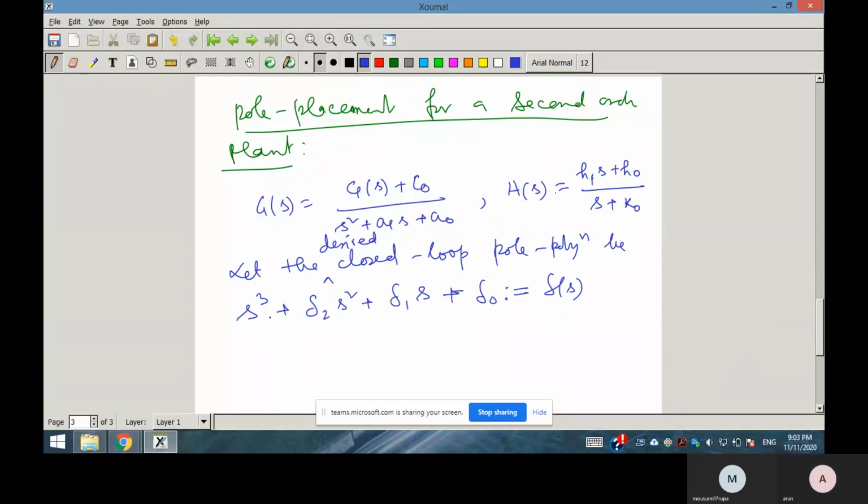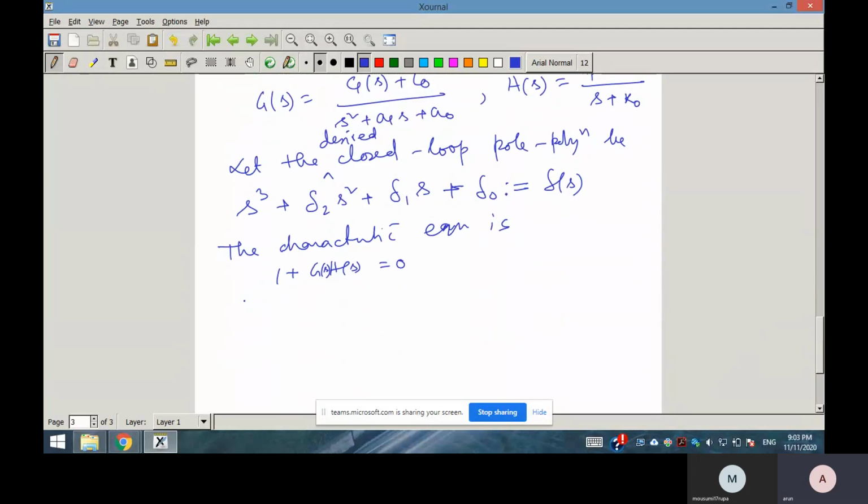Now what is the closed loop characteristic equation for this plant controller pair? The closed loop characteristic equation is 1 plus G(s)H(s) equals 0.